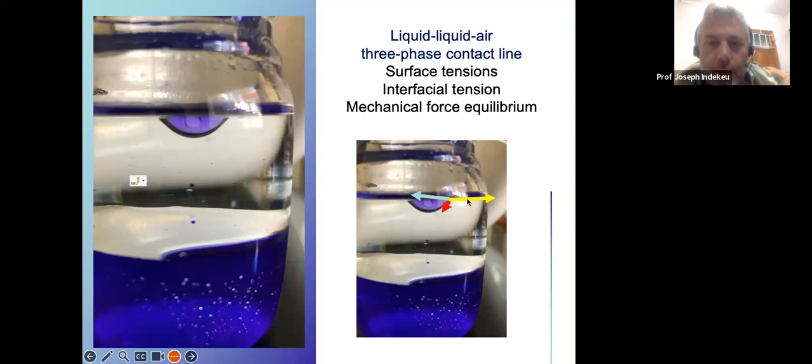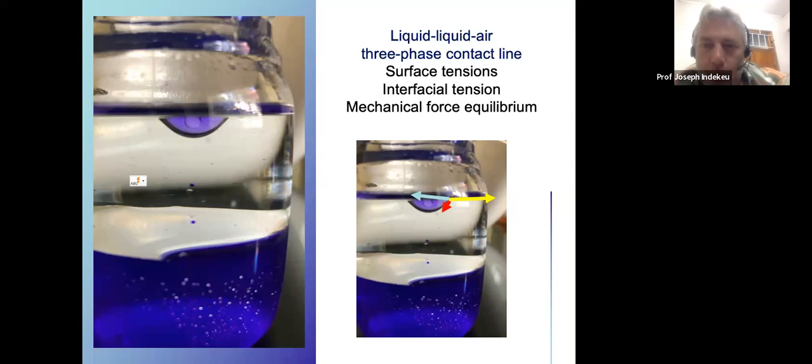These three arrows here represent mechanical forces that stem from these surface tensions. These forces are like vectors that act on the contact line and pull on the contact line.